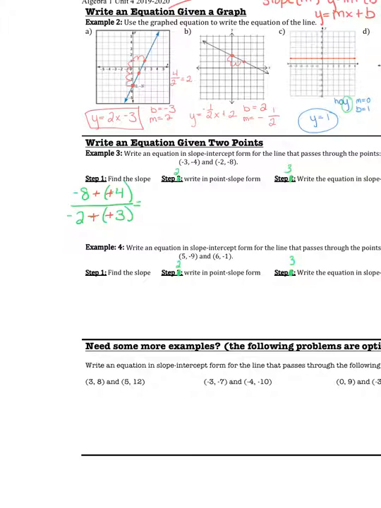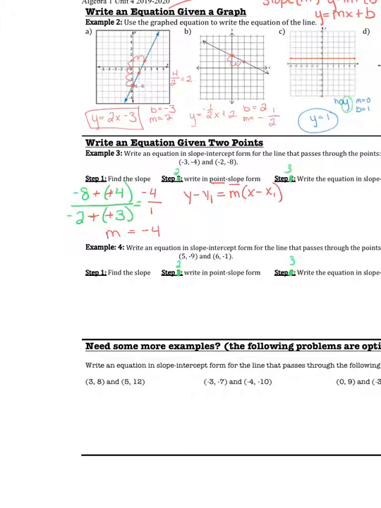And I would get, let's see, negative 8 plus 4 is negative 4, and negative 2 plus 3 is 1. Okay, so I can see my slope is then negative 4. So now I have enough information to put this in point slope form. And again, point slope form, because it's on the other page, is y minus y1 is equal to m times x minus x1.